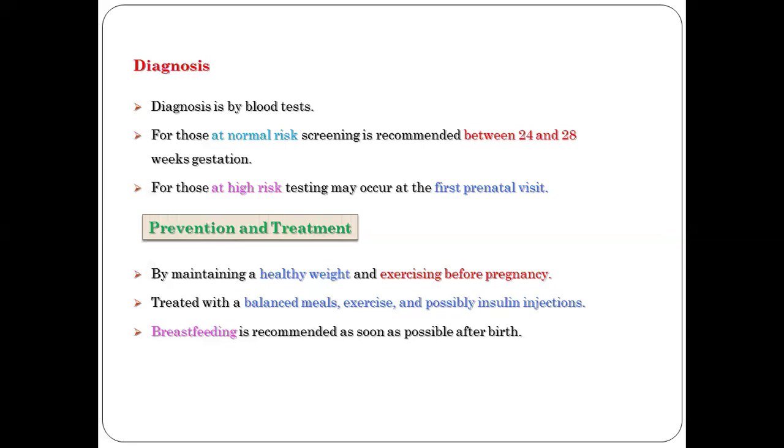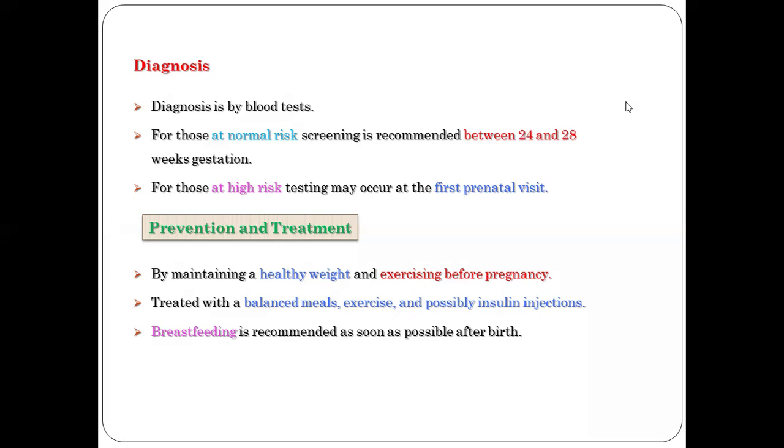So how could you diagnose whether there is GDM or not? By doing a blood test. For those at normal risk, a screening is recommended between 24 and 28 weeks of the gestational period. Nowadays doctors are prescribing a urine sugar test at every visit.